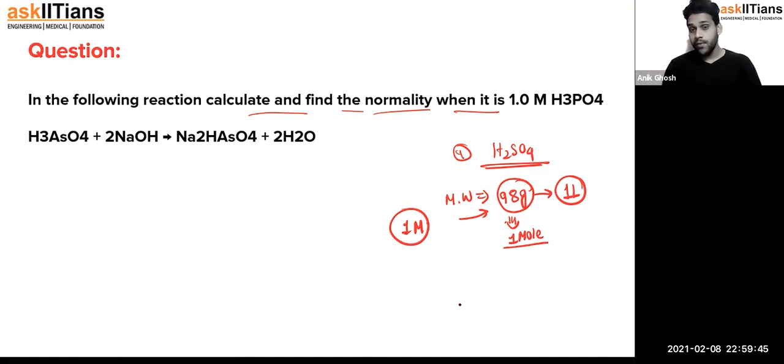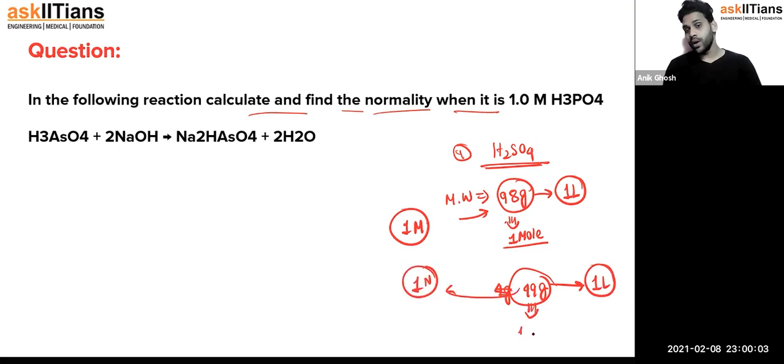Now, when 49 grams of H2SO4 was there in 1 liter of solution, we called it a 1 normal solution. This 49 grams equals 1 gram equivalent of H2SO4. Clear? So 98 grams gives you a 1 molar solution, and 49 grams gives you a 1 normal solution. When you take the exact molecular mass, that gives you the molar solution. When you divide it by the valency, that gives you the normal solution.